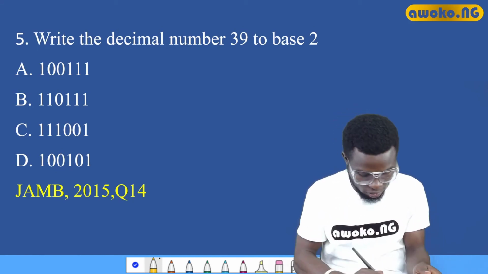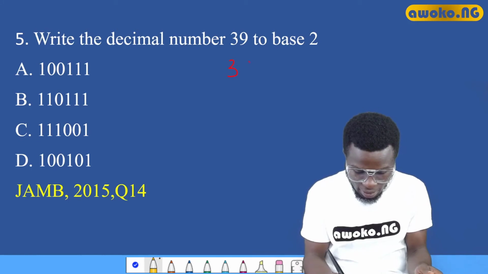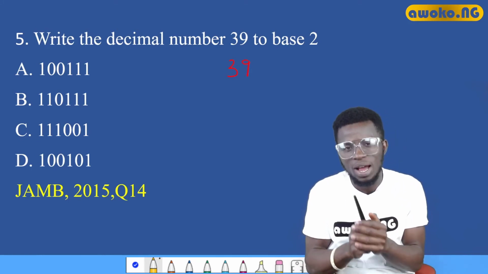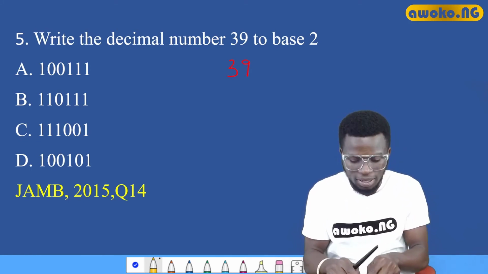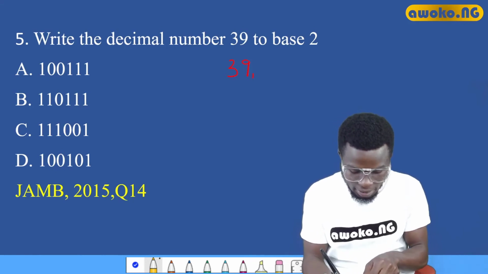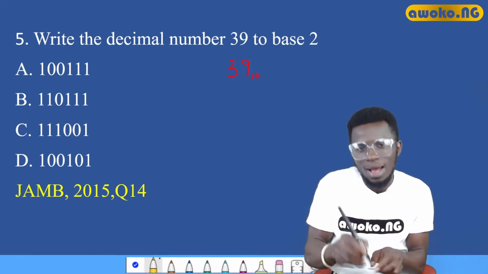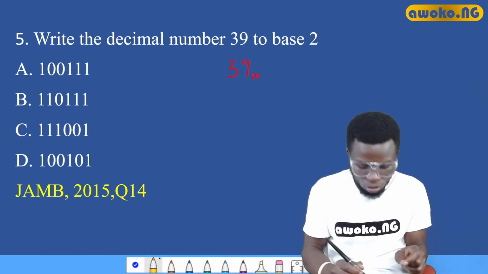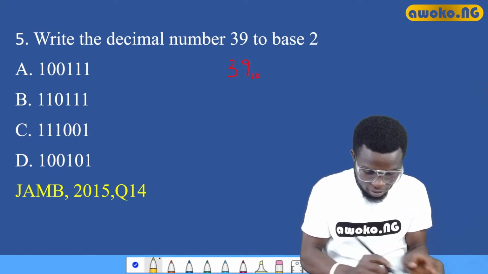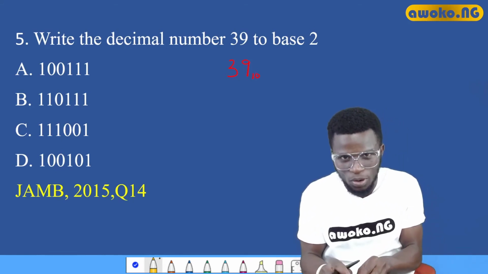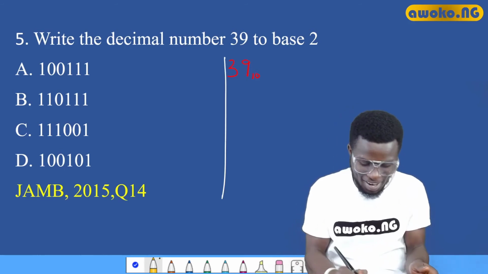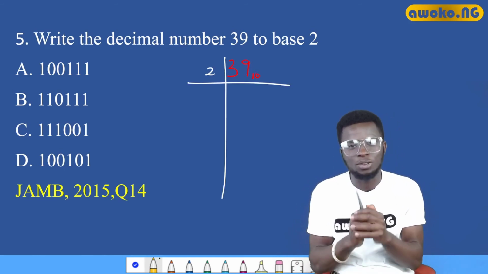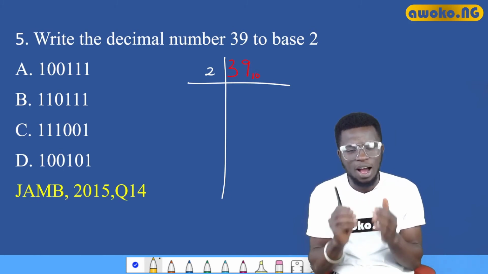So they've already converted a particular number to base 10 for us. And the result was 39. So we are asked to find or convert this 39 base 10 to another number in base 2. I use it as red because it is what we are looking for. All right. So a number in base 2. Fine. How do we go about it?